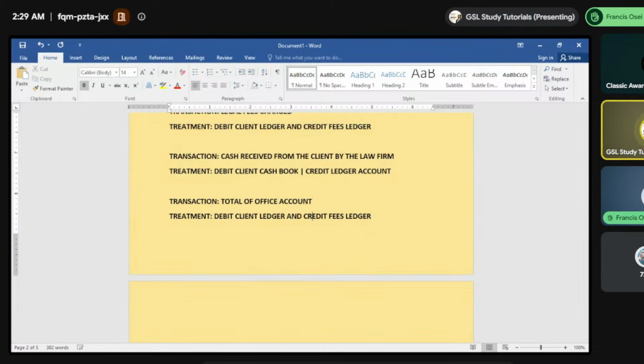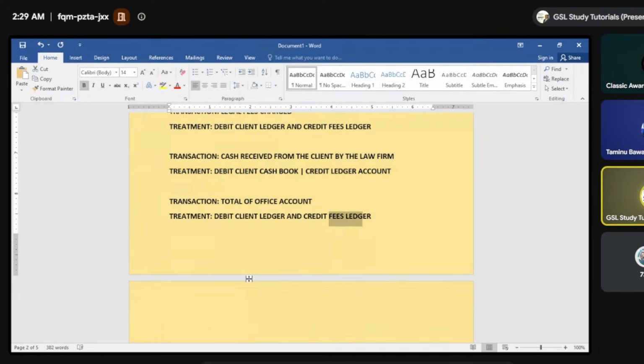We are debiting client's ledger account and we'll credit office account. Then they said fees charged by the law firm. You debit client ledger and then you credit profit or cost fees accounts.